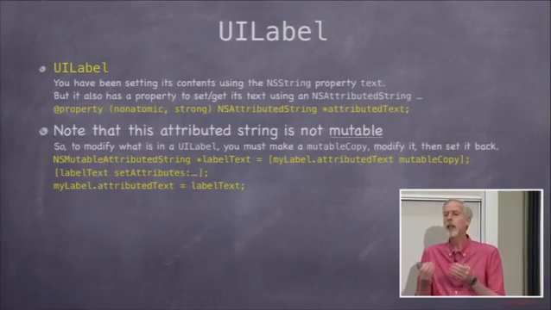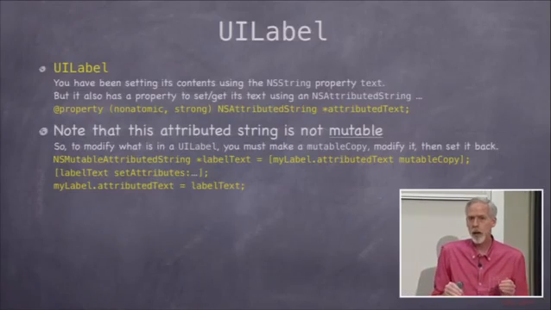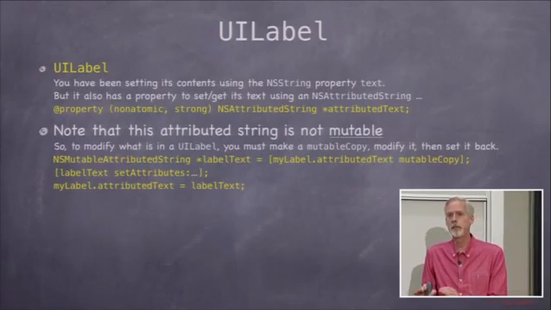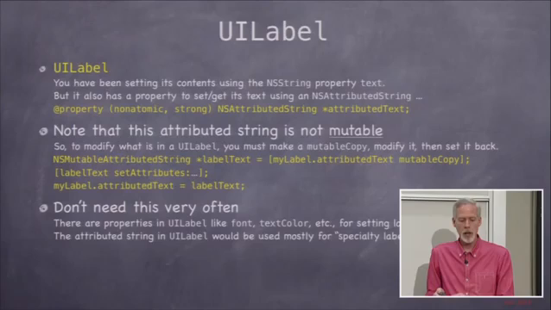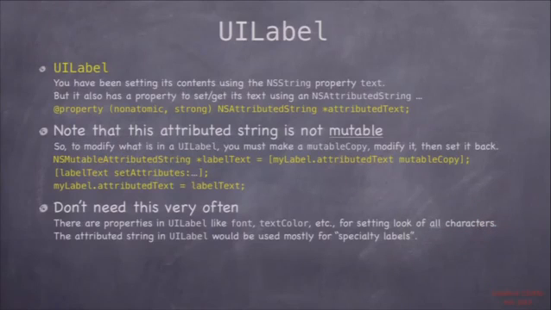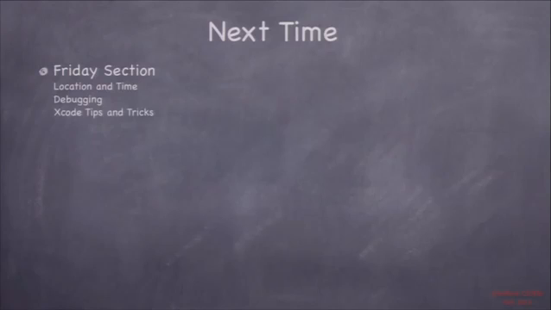You have to get it, create a mutable copy, modify the attributes, put it back. You don't need to do this very often on labels. Labels don't usually have attributed text on them that much, maybe to set the color, possibly if they're specialty labels that are specifying something that's not just normal text. So it's not that common to do with UILabel.